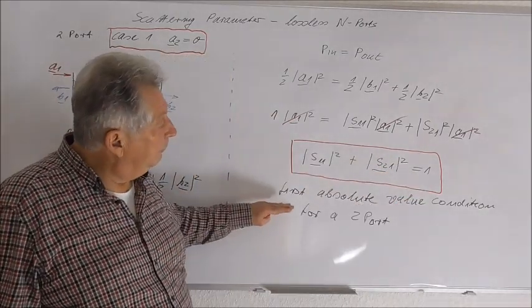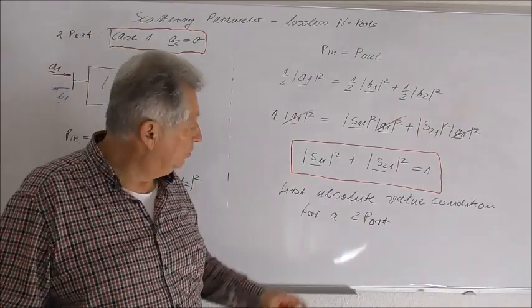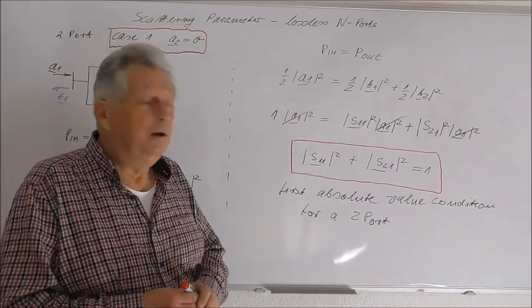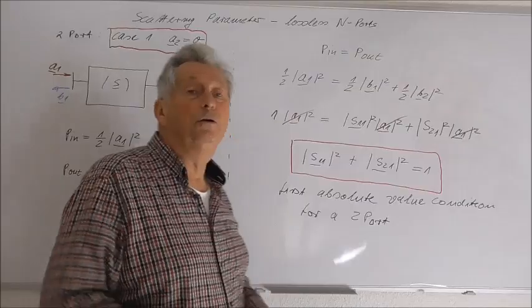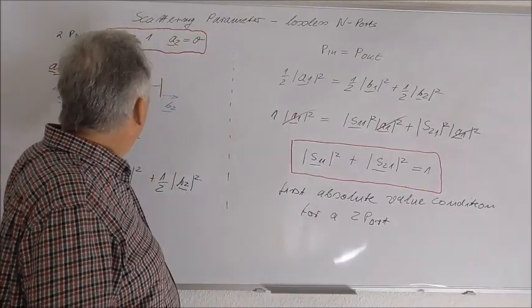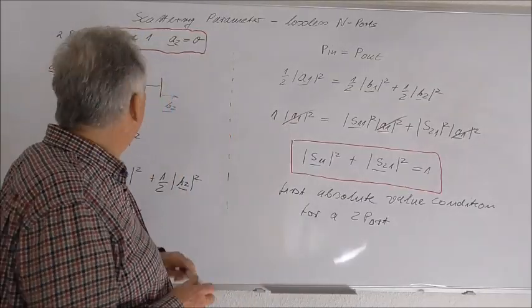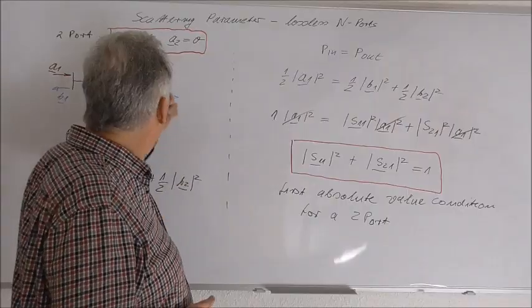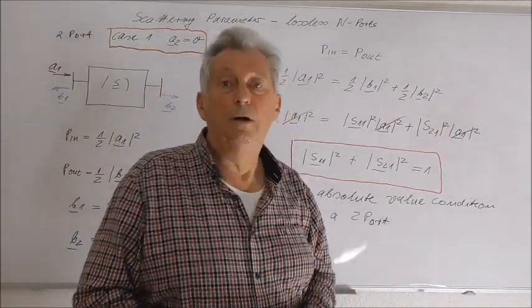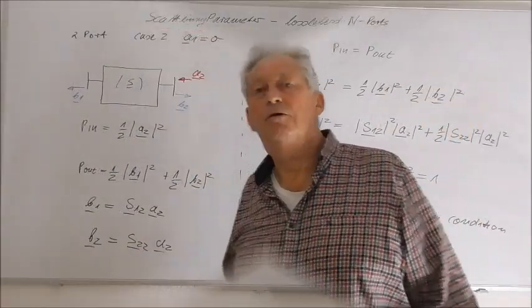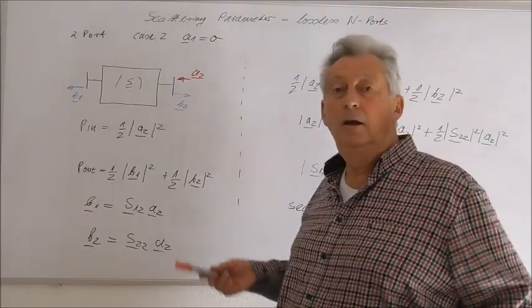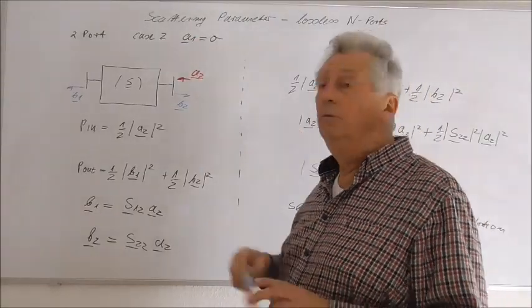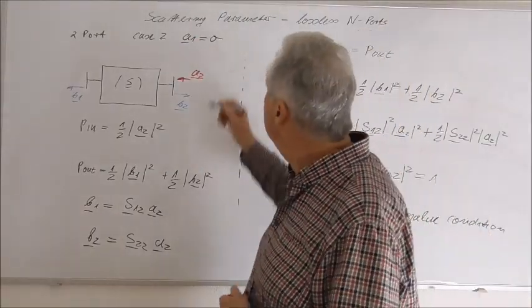This I call the first absolute value condition of a two-port. And if there is a first absolute value condition, then we have to discuss also the other special case, and that we will do in the next step. So I now will consider the second case, and in the second case we will assume that A1 is identical to 0.